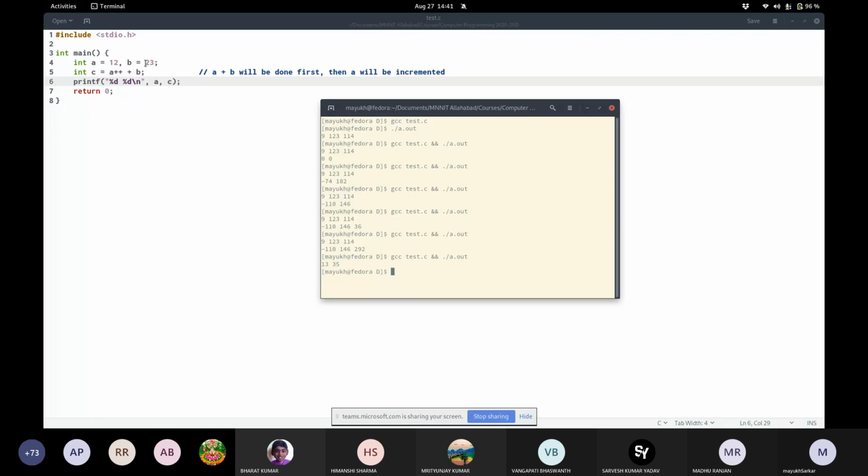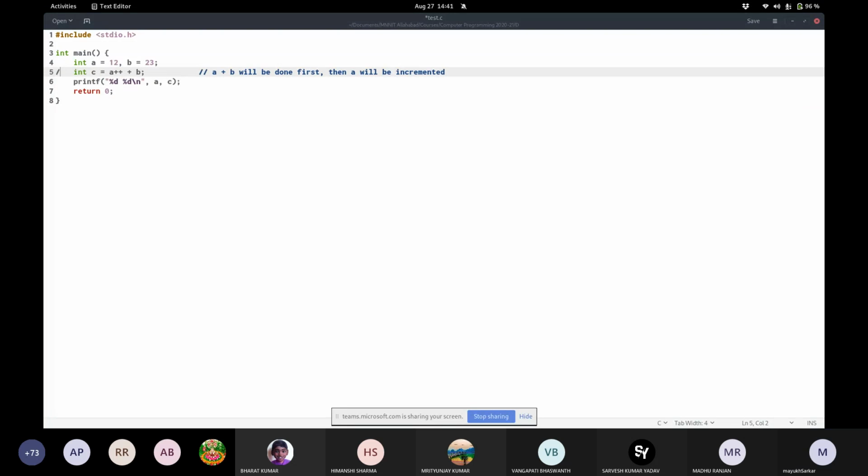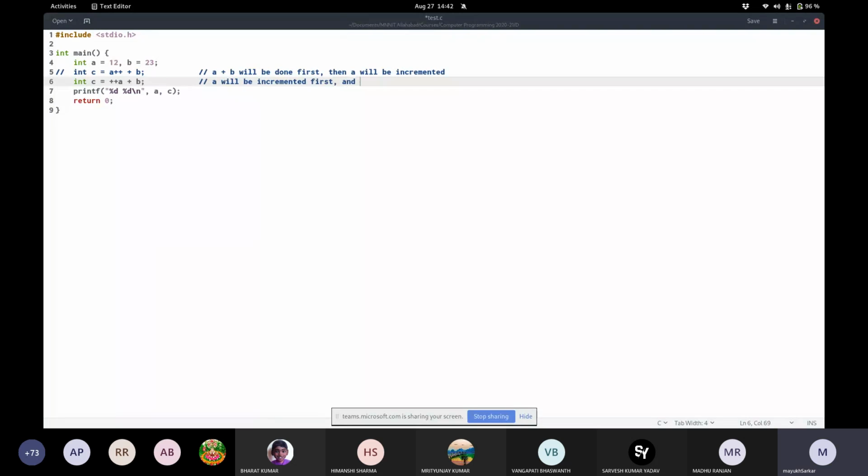Now let me comment it out, and if I now write int c is equal to plus plus a plus b, a will be incremented first, and that means it will become 13 first, and then will be added to b.